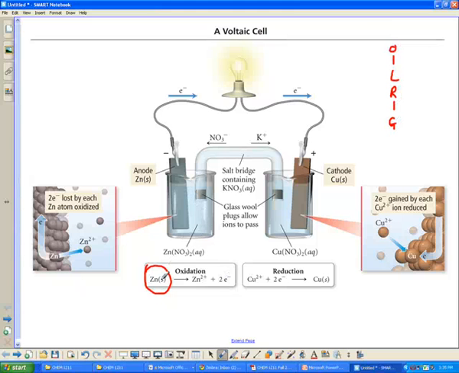In other words, the zinc shrinks a little bit, and that's shown on a molecular level here. The original pieces of zinc, when they undergo oxidation, will come off the zinc strip and go into the solution as zinc 2+. So over time, this zinc strip will shrink.